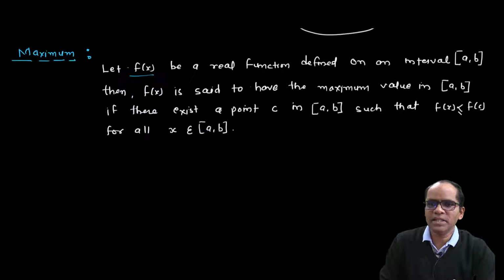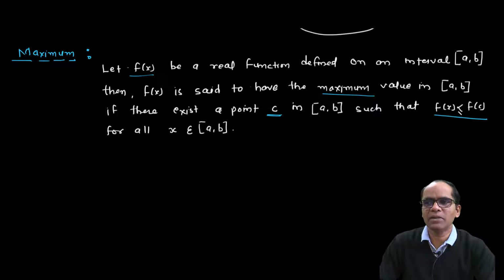Then f(x) is said to have a maximum value in a to b if there exists a point c in a to b such that, if we are putting the value of c in that function, the value of f(x) must be less than or equal to the value of f(c). In that case, that c point will be the maximum value.